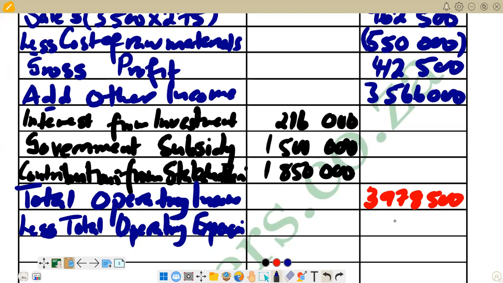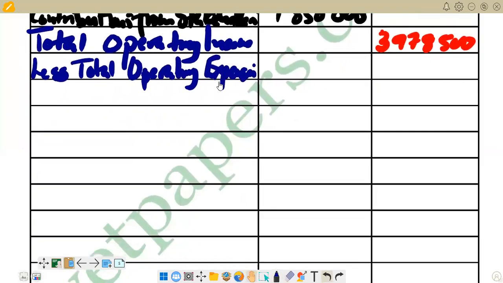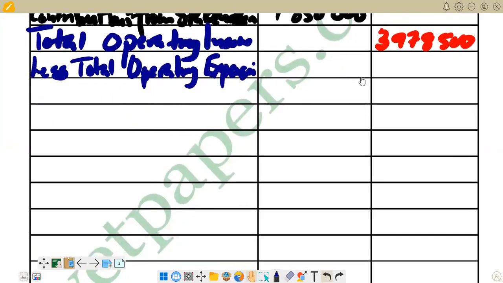We subtract it. Then the total operating expenses, we are going to put the elements of operating expenses beneath that. All the operating expenses that we're having in the question, we are going to list them beneath the year. Then the total, we put it here, and then we subtract it since we are saying less. So this is what we are going to do.